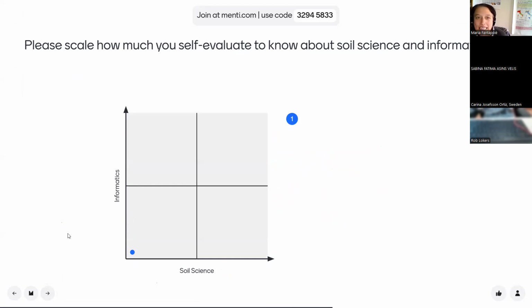Okay, so the next, this is really important for me. You may evaluate yourself as a soil scientist or informatics expert, in which part of the screen you can put yourself.